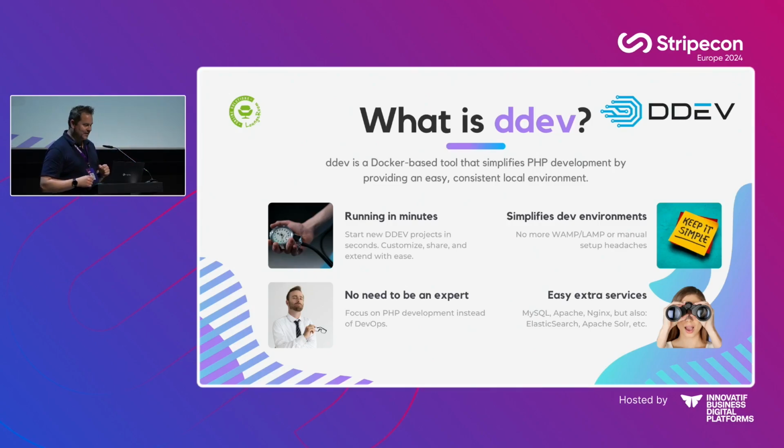So if you listened this morning to Elliot, you might want to check that one out too. DDev is for the people who don't want to be like Dirk, who knows everything about servers, but just want to get the stuff done on your local machine.